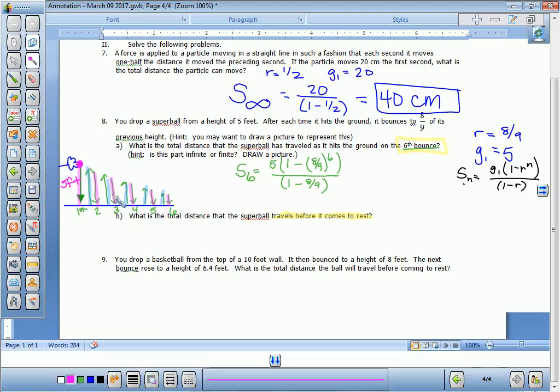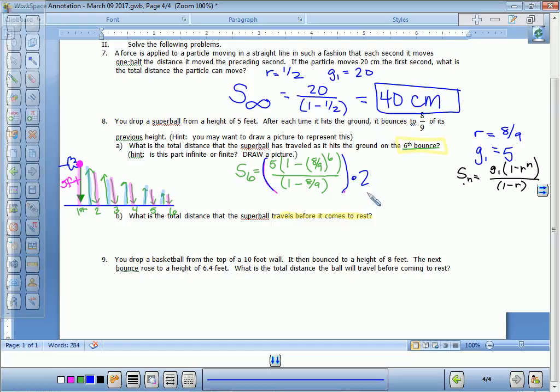So that's what I would do. I would multiply all of this times 2. But I have a problem. That first down, did it have an up? No. So you subtract 5, because the first drop didn't have a going back up paired with it.